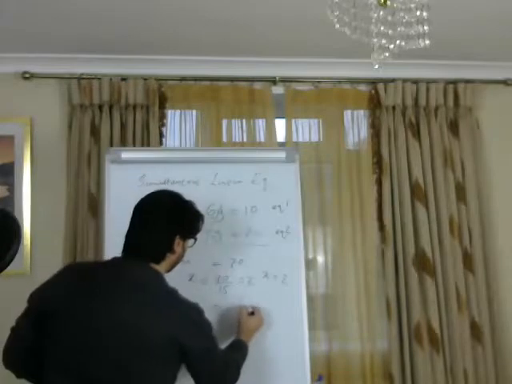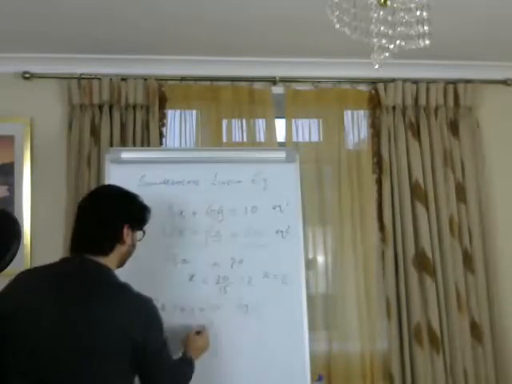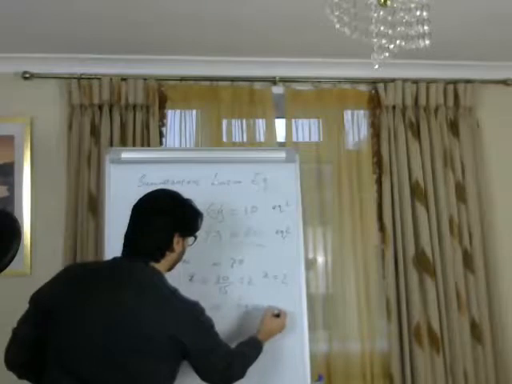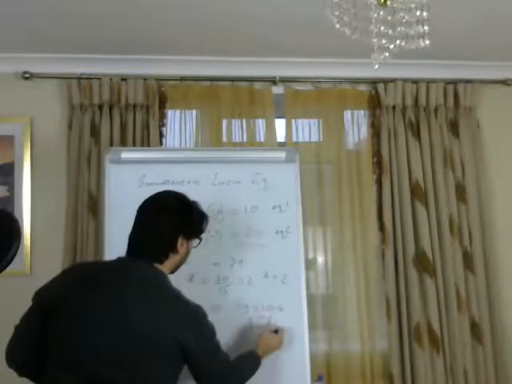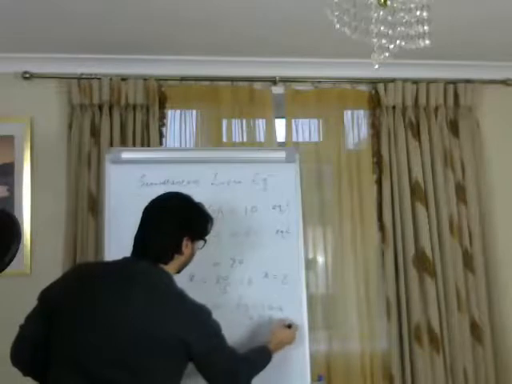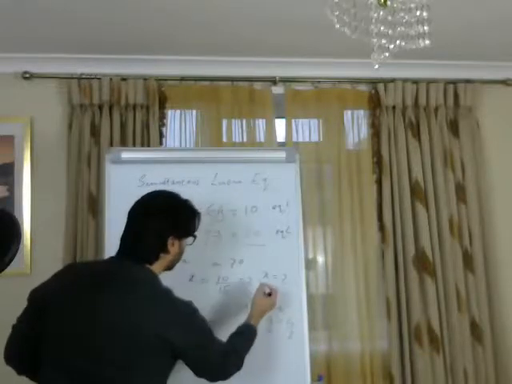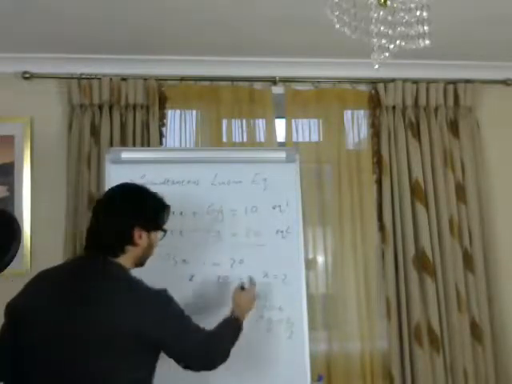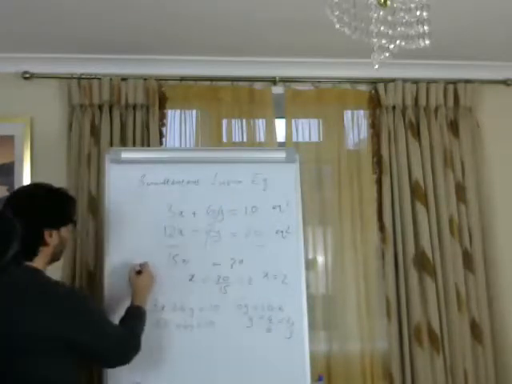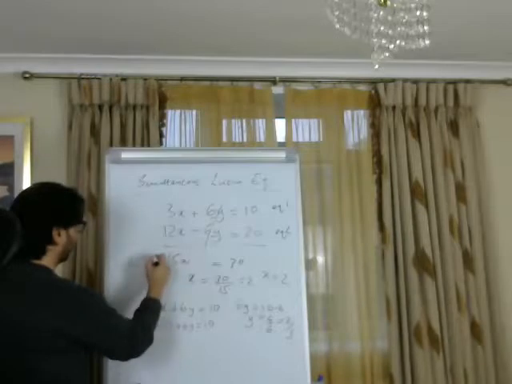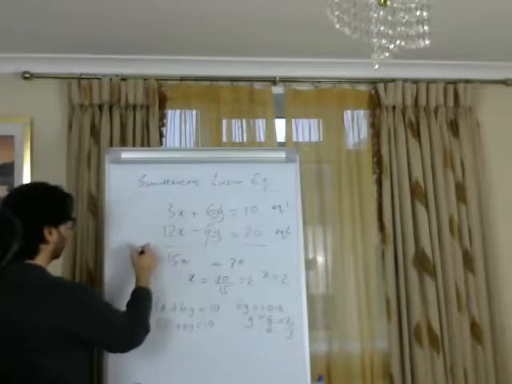Then we can see that 6y equals 10 minus 6, that gives us 4, and y equals 4 over 6, that gives us 2 over 3. So we know the two values for x and y are 2 and 2 over 3, that's x and that's y.